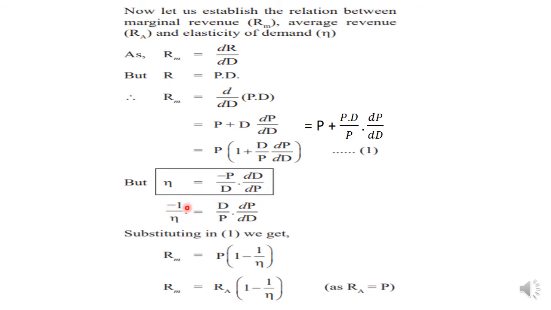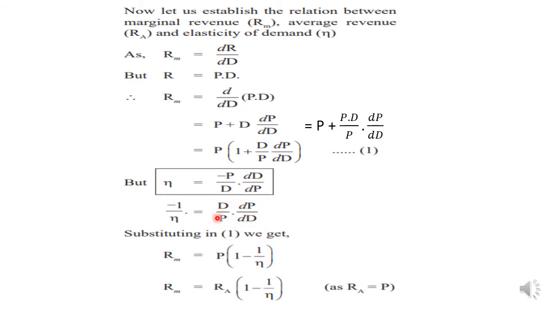So we write minus 1 upon eta. That is, the negative reciprocal of eta gives minus 1 upon eta is equal to D upon P into dP by dD. Just observe these two terms and compare them, and you will understand what has been told here.